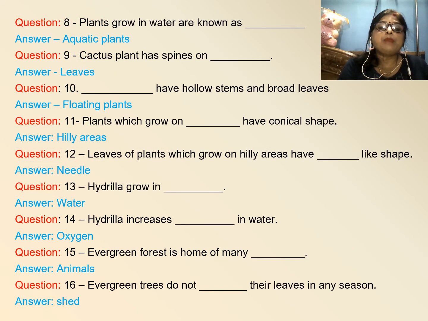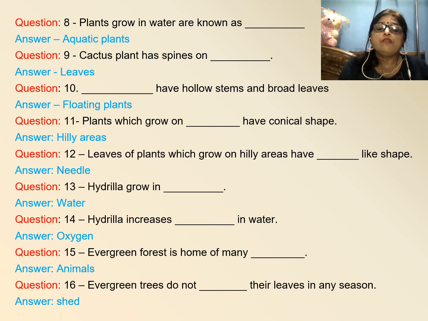The question is, plants that grow in water are known as aquatic plants. Cactus plant has spines as leaves. Dash have hollow stems and broad leaves. Floating plants have hollow stems and broad leaves. Plants which grow on dash have conical shape. The answer is hilly areas.